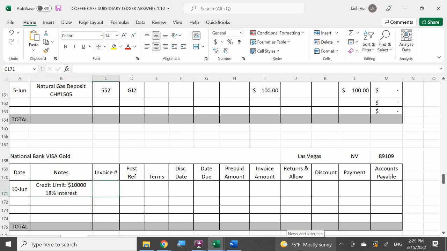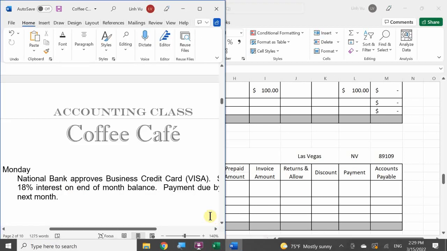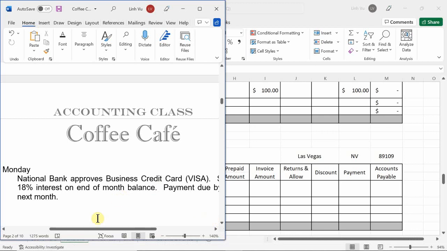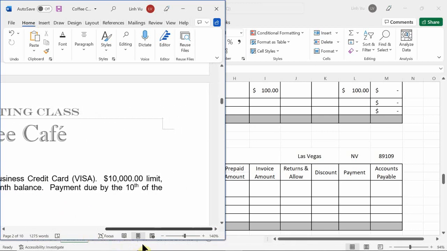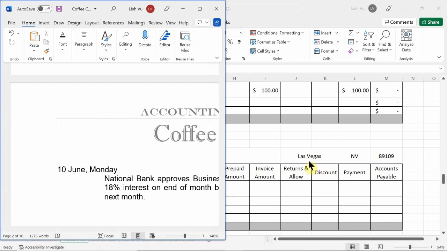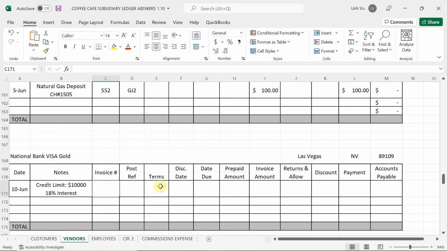But what we do need to also know is that it's going to be due on the 10th of every month. So it says this is going to be due on the 10th of the next month. So that's at least something we can know here, that it's going to be another date-driven term. So in this case, net 10th.